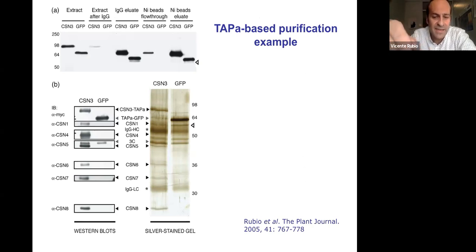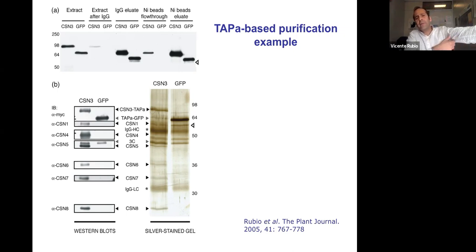Here you can see, upon elution of proteins, this is a silver stained gel, all these different bands that correspond to different subunits. So CSN1, CSN4, 5, 6, 8 subunits in the COP9 signalosome, detected also by Western blot. And at that time, we are talking about 2005.